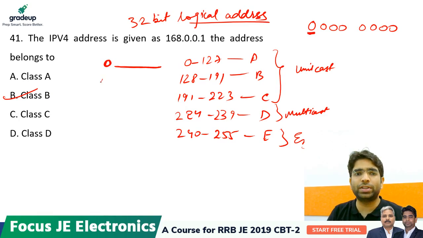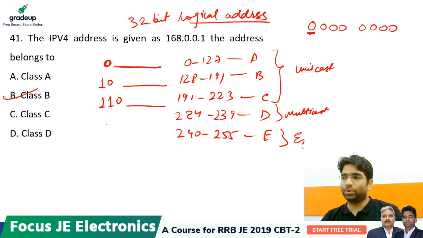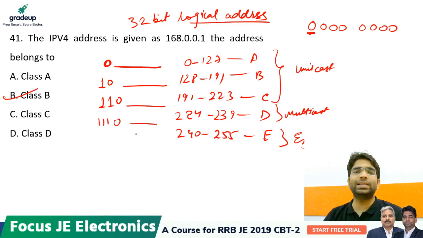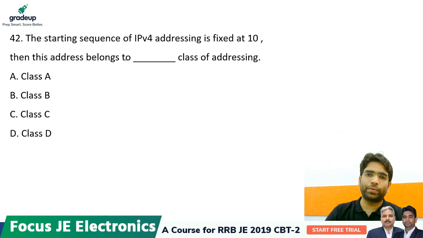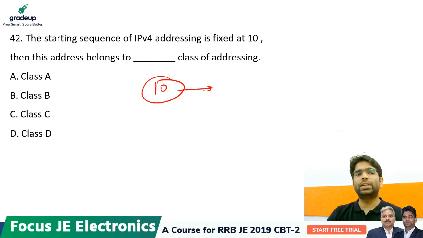But if you fix the first 2 bits as 1, 0, it will go to class B. If you fix the first 3 bits like 1, 1, 0, it will go to class C. If you fix like this, it will go to class D. But if you fix like 1, 1, 1, 0, it will go to class E. So in the next case, you are fixing it to 1, 0, so it is a case of class B addressing.